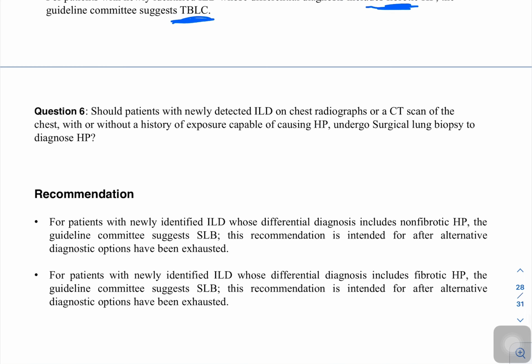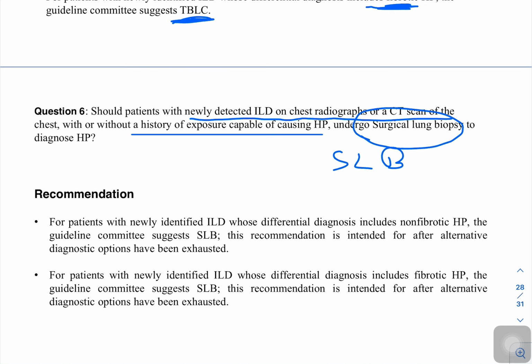Question 6. Should a patient with newly detected ILD on chest radiograph or CT scan of the chest, with or without history of exposure capable of causing HP, undergo a surgical lung biopsy? So for a patient with identified ILD whose differential diagnoses include non-fibrotic HP, the guideline committee suggests surgical lung biopsy.